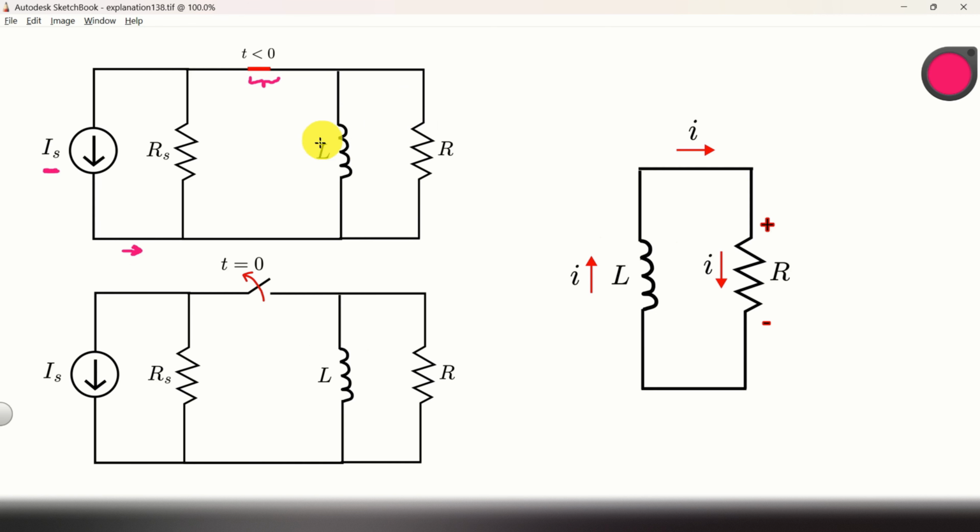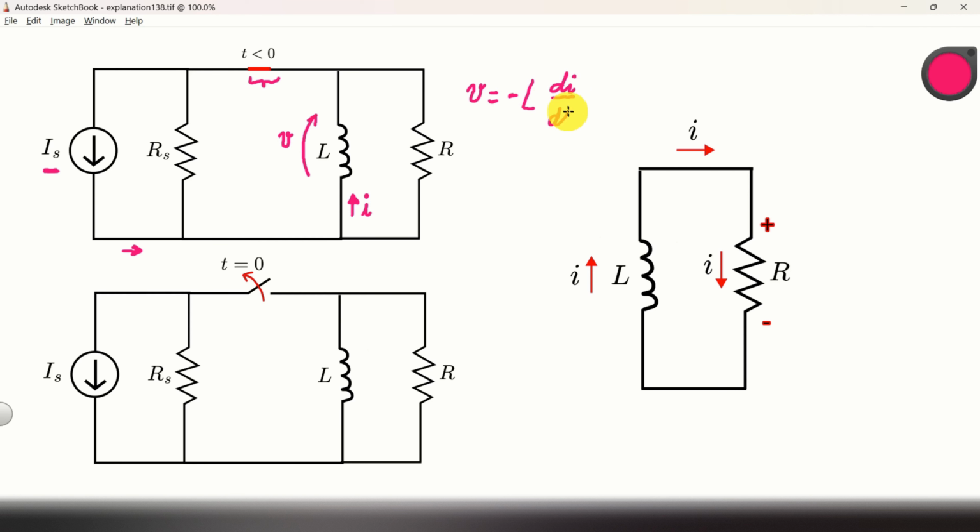Let's analyze this inductor over here. Let's assume that the current flows like this. And let this current be I. Now, from the theory of inductors, we know that the voltage drop across the inductor, let's denote this voltage drop as V, is equal to minus L di over dt.